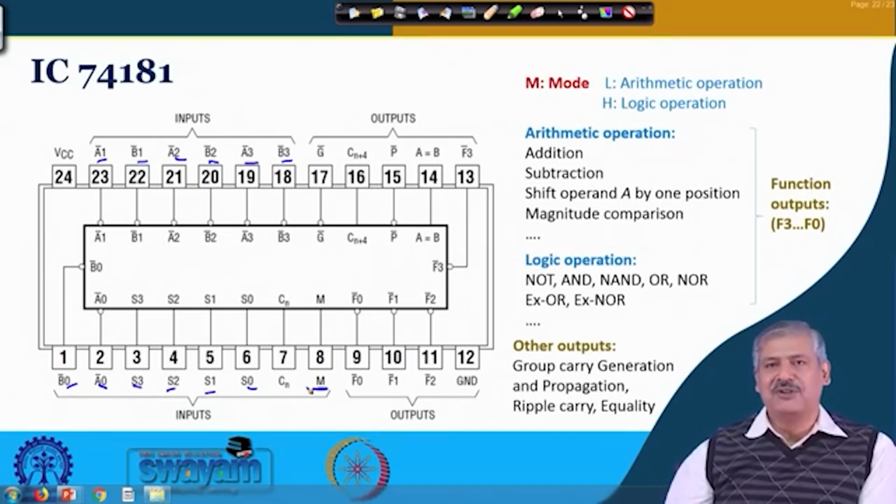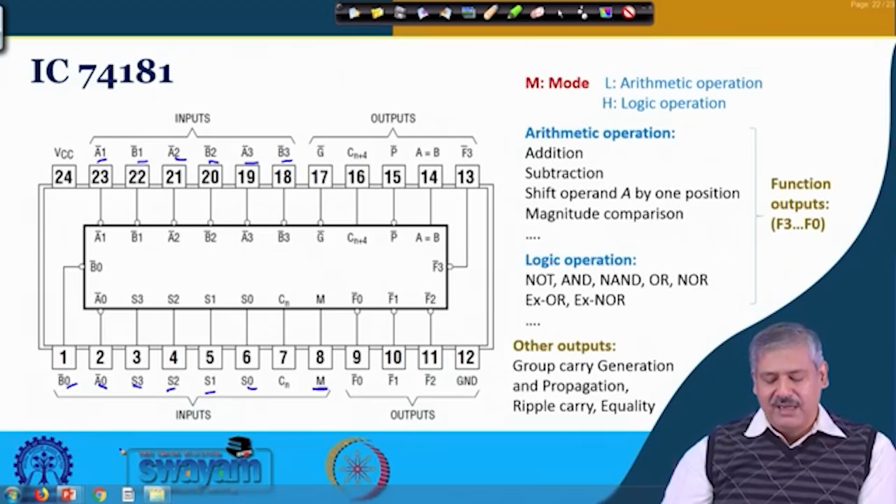If M is high, it is logic operation, and if M is low, it is arithmetic operation. So, for each of these cases of M, you have 16 possibilities. So, a total of 32 different possibilities are there, 16 arithmetic operations and 16 logic operations possible through this particular ALU.